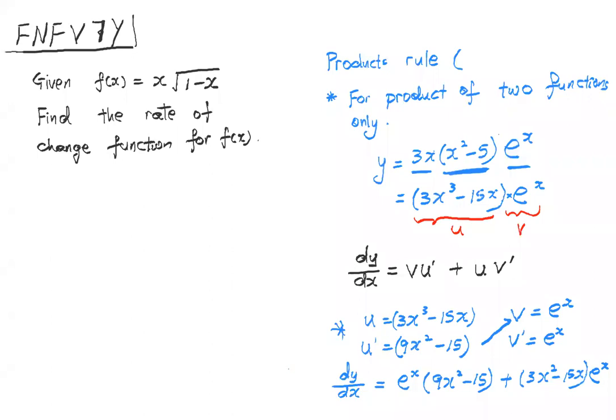Any function given to you, what is the first question you must ask? Can it be simplified? There are many ways of doing simplification. So you have to master how to simplify a given function.